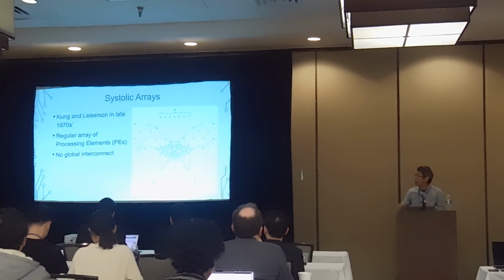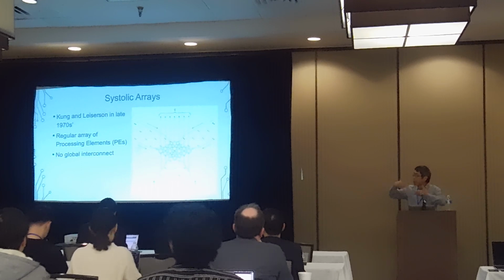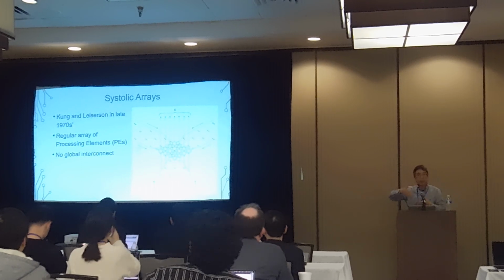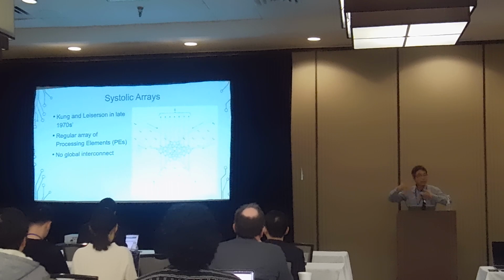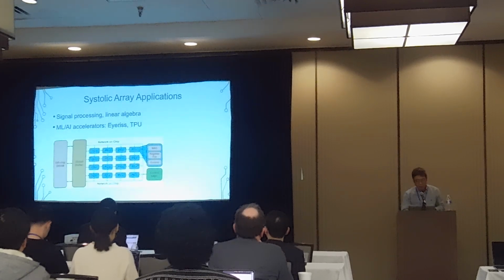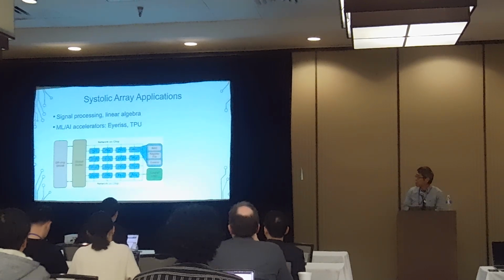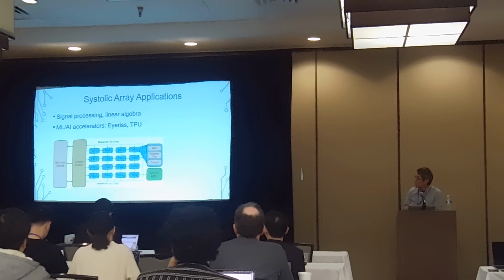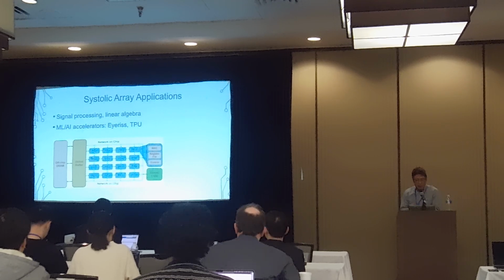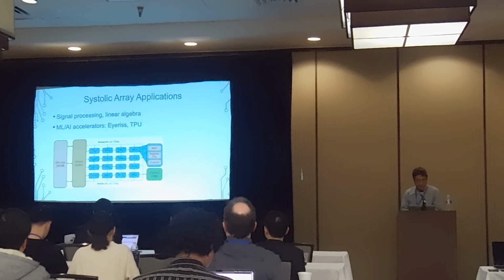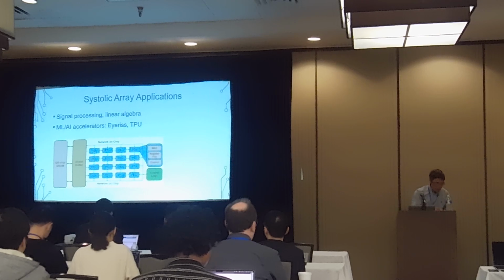The input data is pumped into the circuit, and the circuit outputs, like a heartbeat, pump the data out. So it's what's called systolic array. And after several decades, systolic array got popularity again because of AI and machine learning computation.